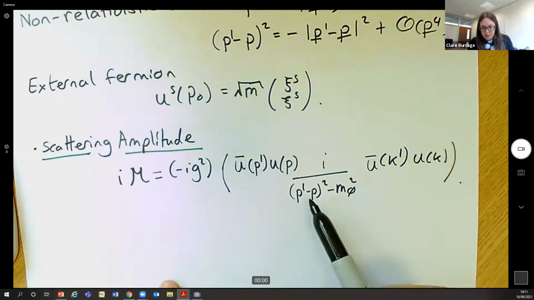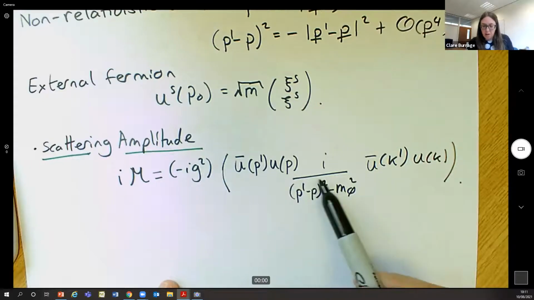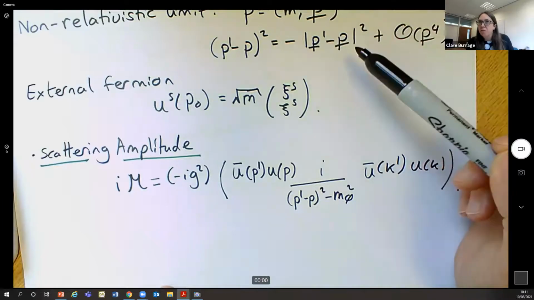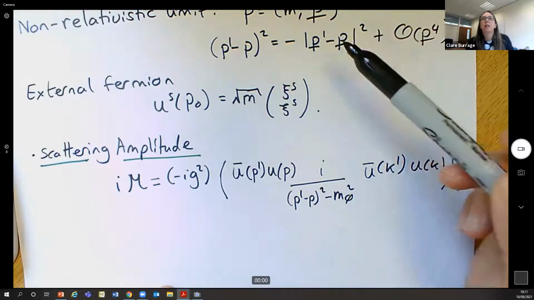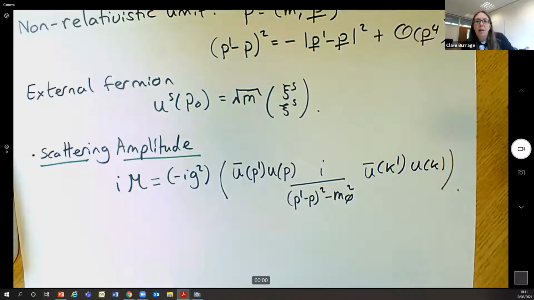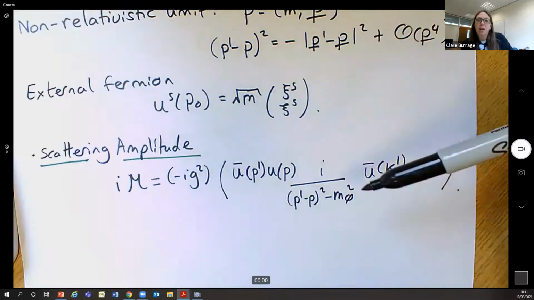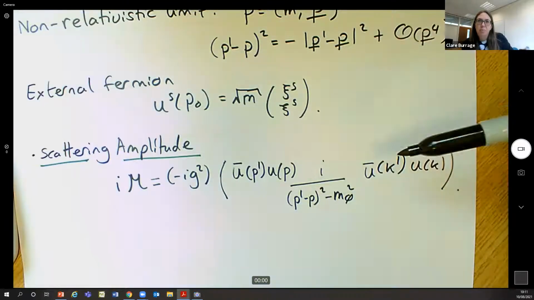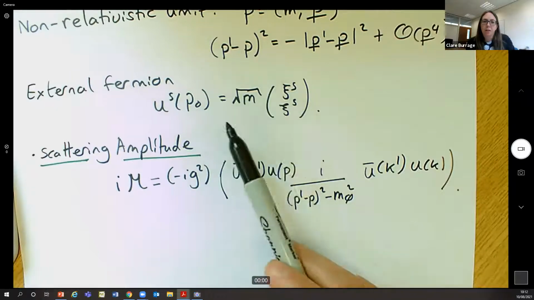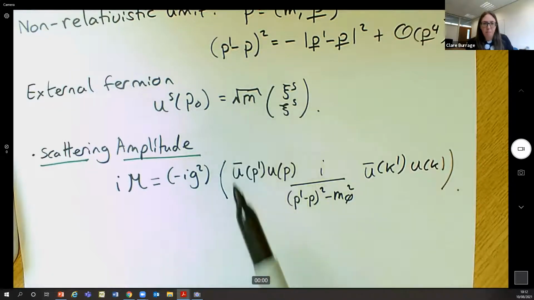That means that this square of the difference in the 4 momenta becomes the square of the difference of the 3 momenta of our particles here to leading order. And because of the normalization that we've chosen, the contraction of our external fermions is going to mean that we just pick up factors of square root m.